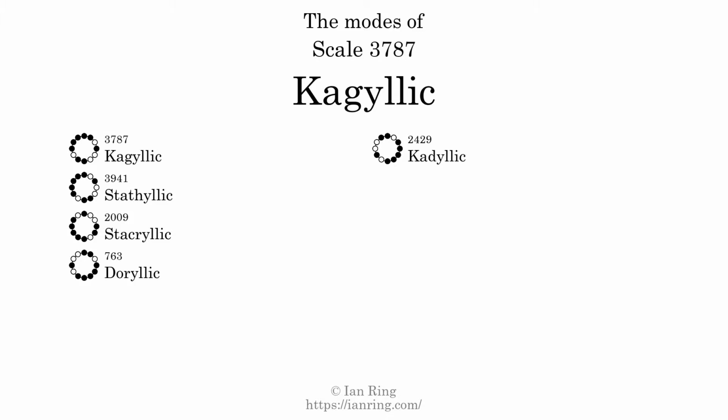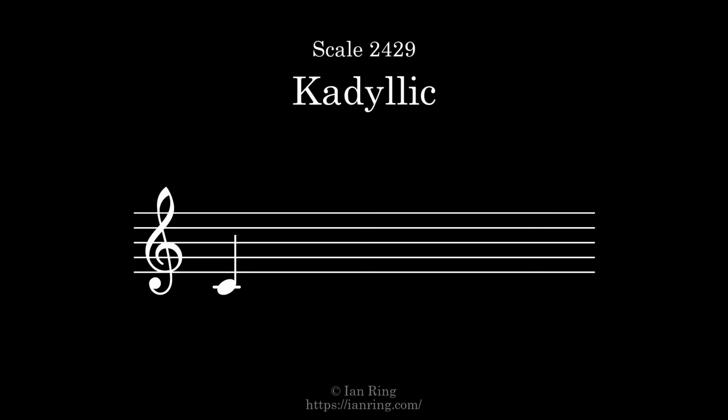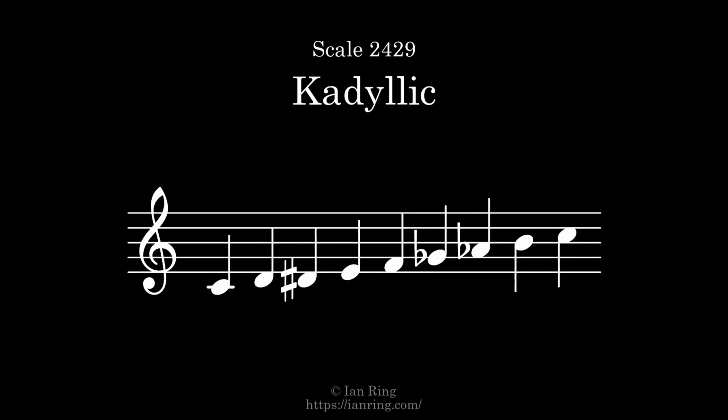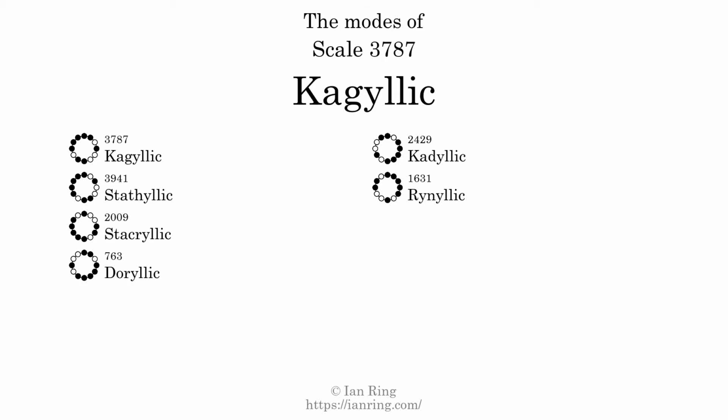The fifth mode is scale 2429, also known as Kagyllic. It sounds like this. The sixth mode is scale 1631, also known as Kagyllic. It sounds like this.